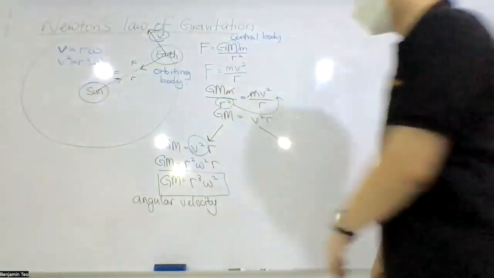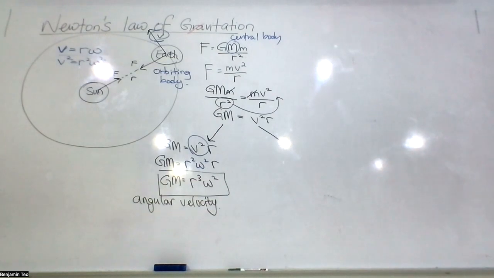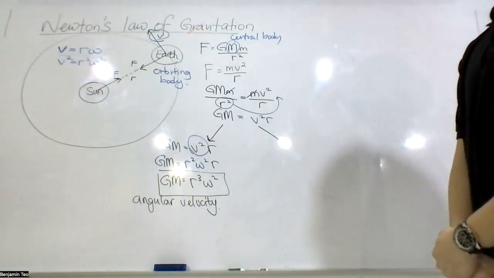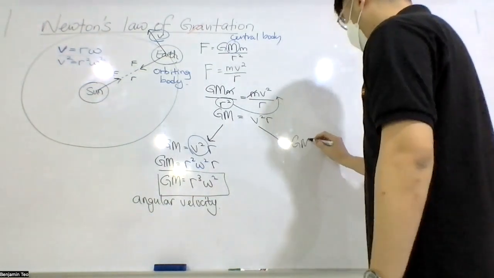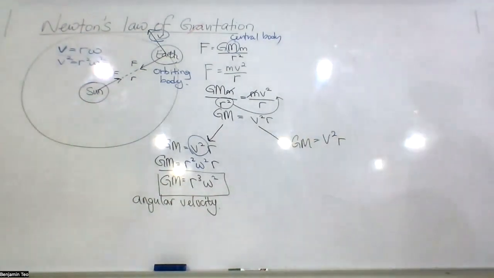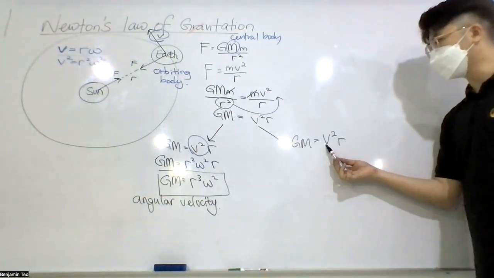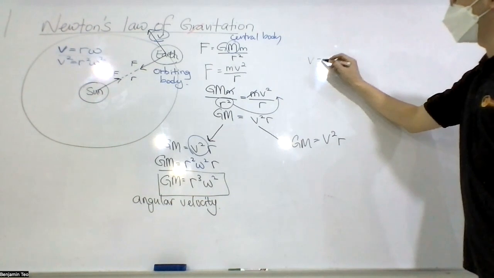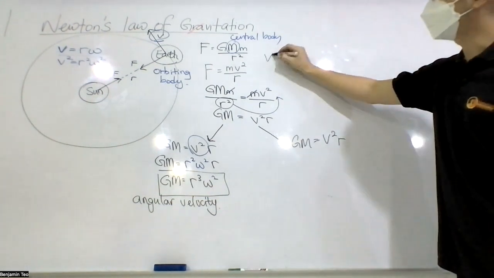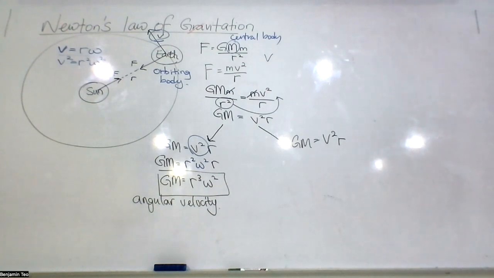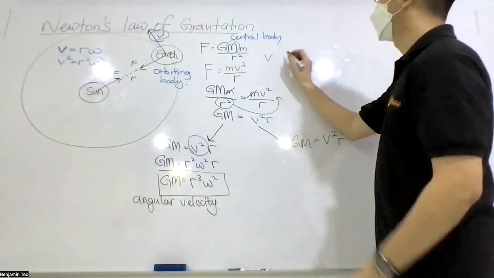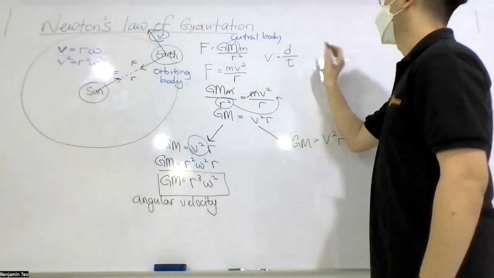The second one, GM equals V squared R. Okay. The second one, your V again, the linear velocity. Is there any other formula for V, except the R omega? Velocity, we also know distance over time.